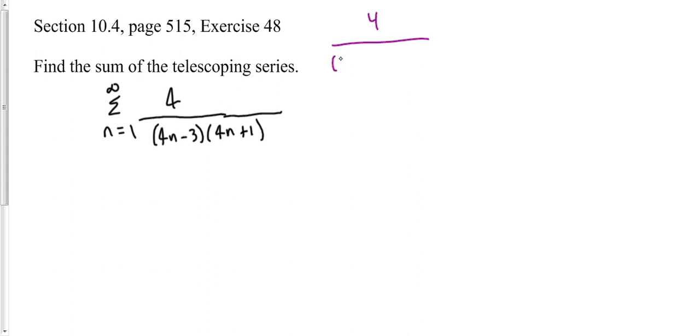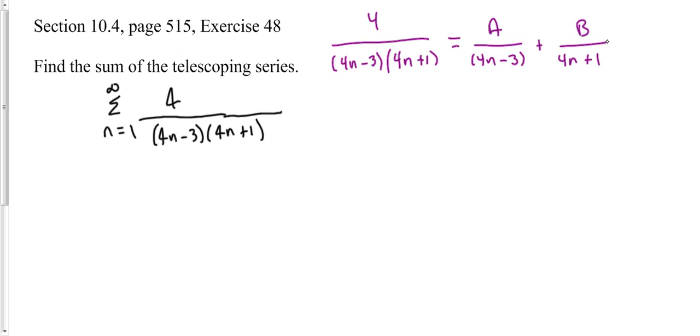We've got 4 over (4n minus 3) times (4n plus 1), and that's going to be equal to A over (4n minus 3) plus B over (4n plus 1).